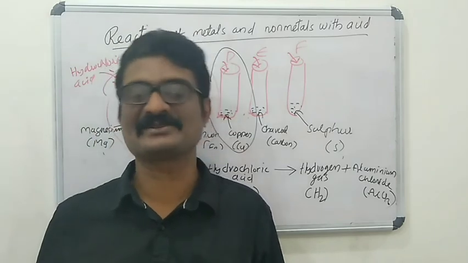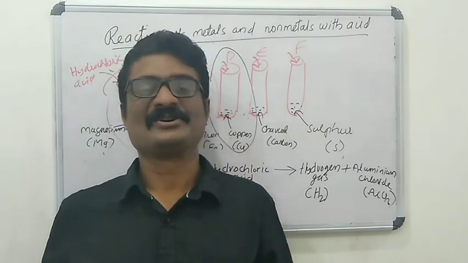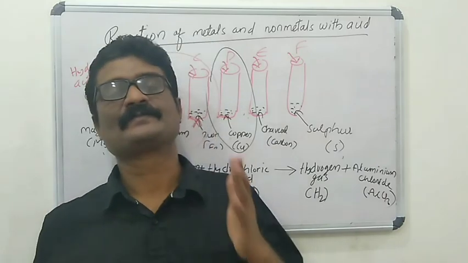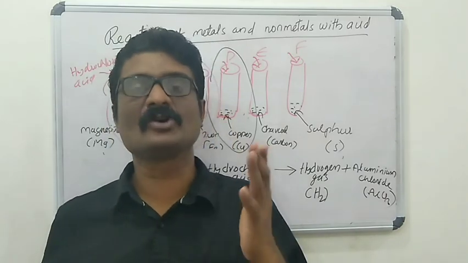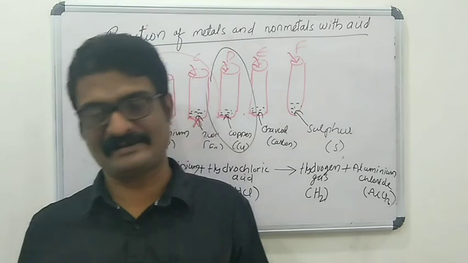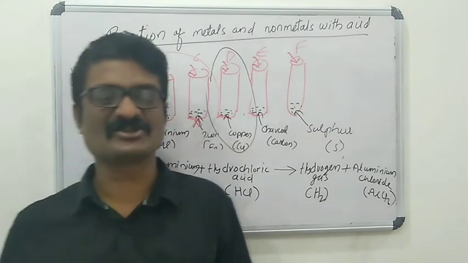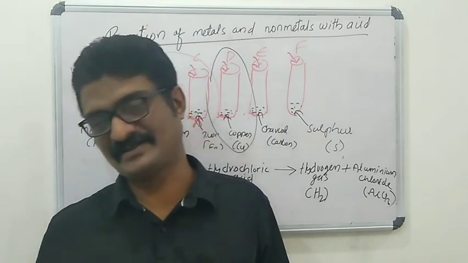The reason is that metals like copper, silver and gold are very low reactive metals. These metals do not react with acids.